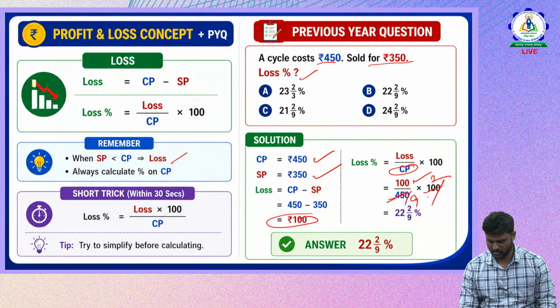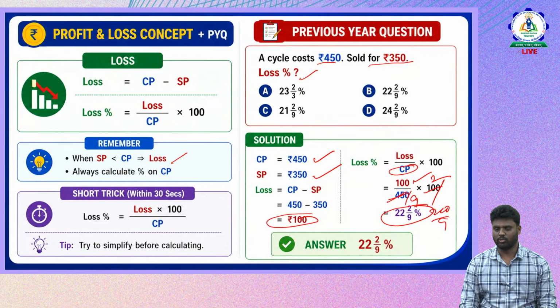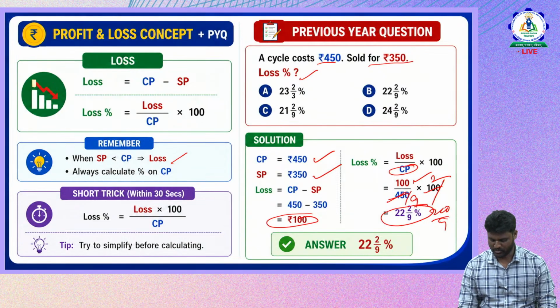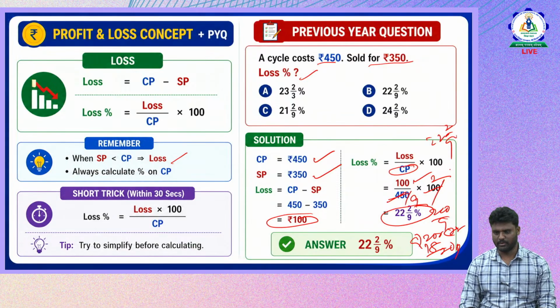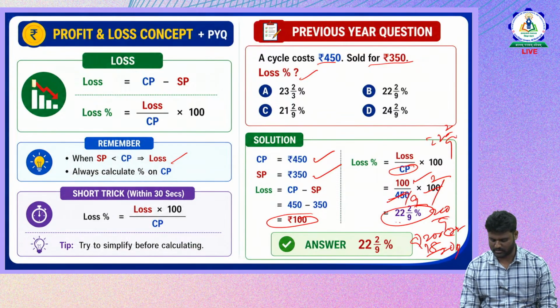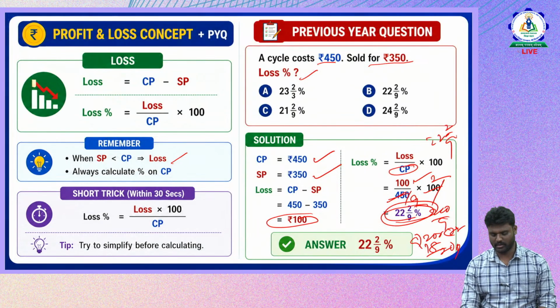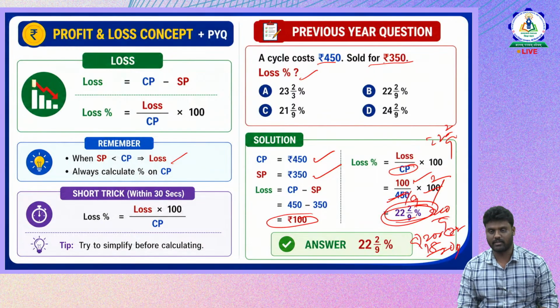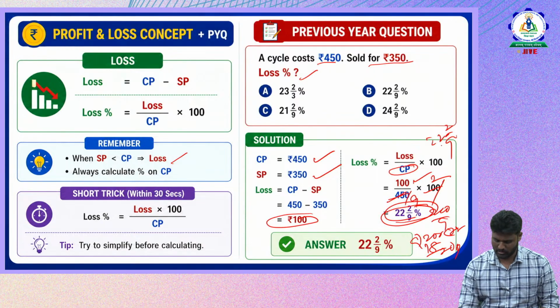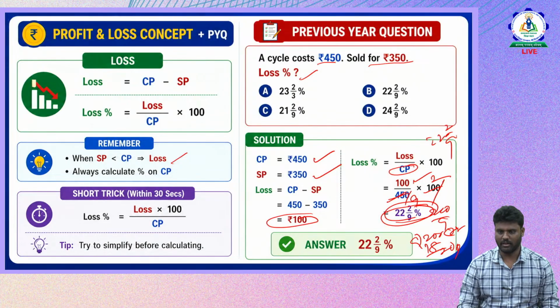Again if you simplify, 200 by 9, we get 22 2 by 9 percent. This is the loss percentage. He purchased the cycle for 450 rupees and sold it for 350 rupees, and he got a loss of 22 2 by 9 percent.